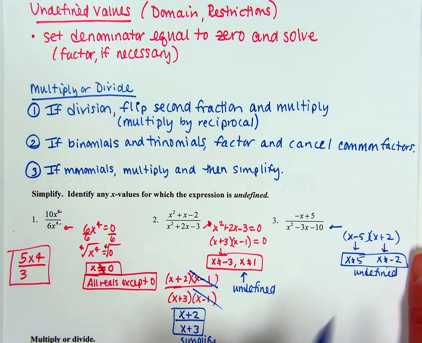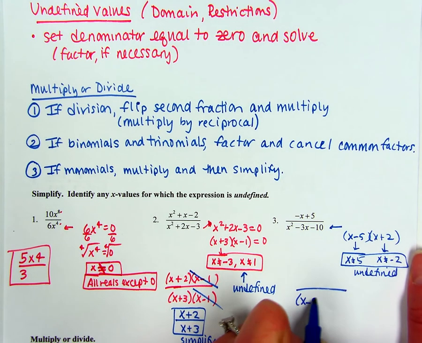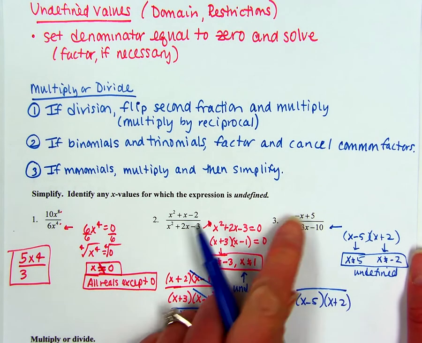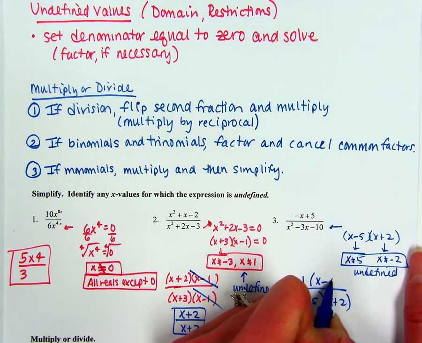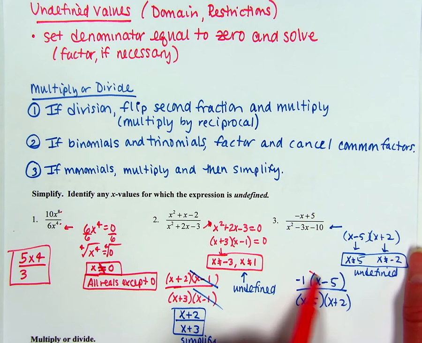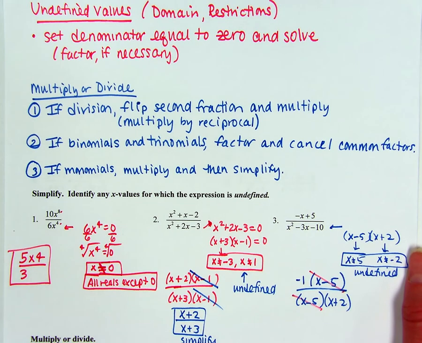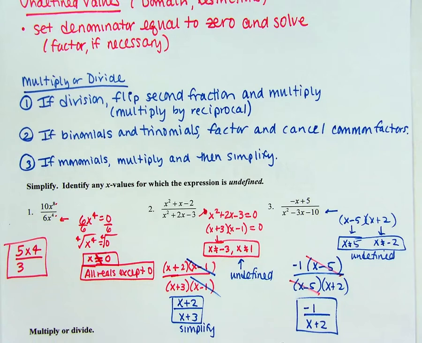And then for the simplifying part, I've already factored the denominator, so I'm just going to go back and factor the numerator. The only thing I can do is take out a -1, and I get x minus 5. So notice that x minus 5 and x minus 5 are exactly the same, so your simplified part is -1 over x plus 2.